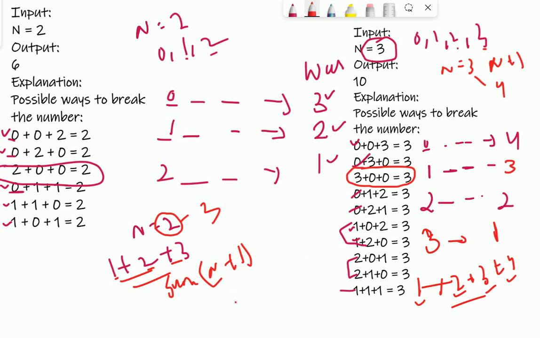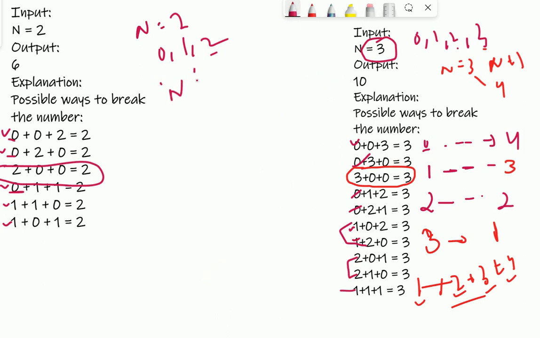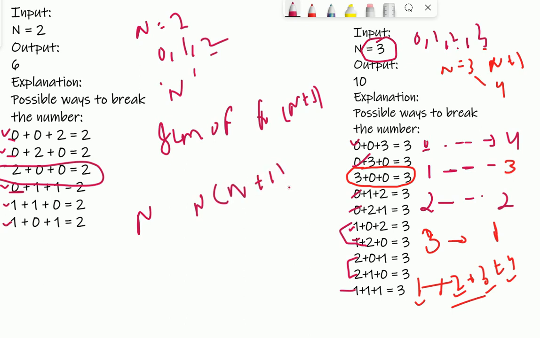That is 4. So we can say that if n, then our answer is the sum of the first n plus 1 natural numbers. For n natural numbers, our formula for the sum calculation is n into n plus 1 by 2.